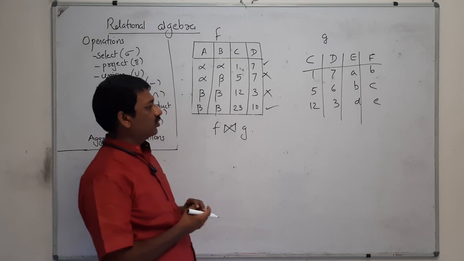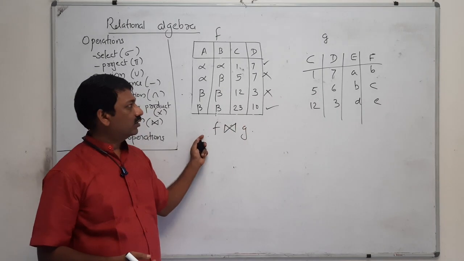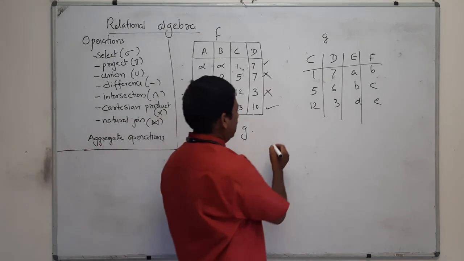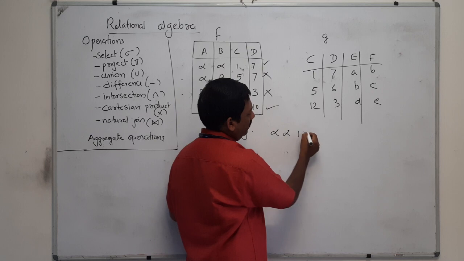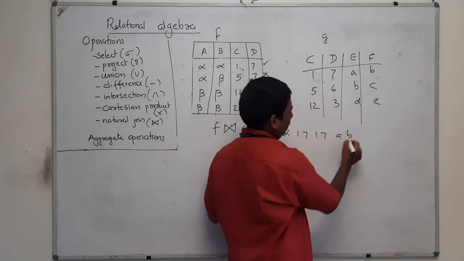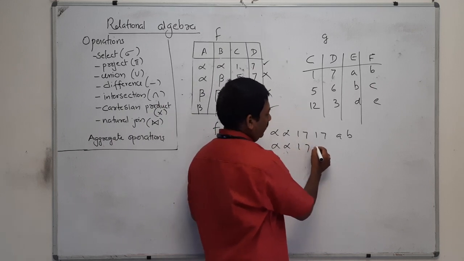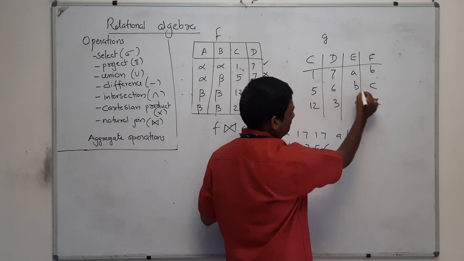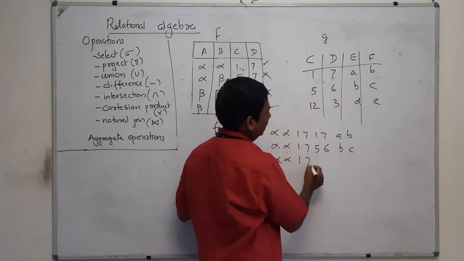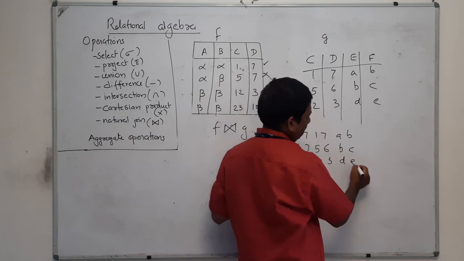Then initially what we are going to do is take the Cartesian product of these two. What is that? Alpha alpha 17 AB, alpha alpha 17 5 6 BC, alpha alpha 17 12 3 DE.